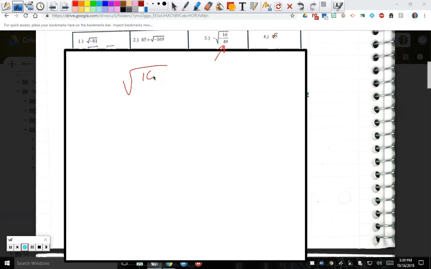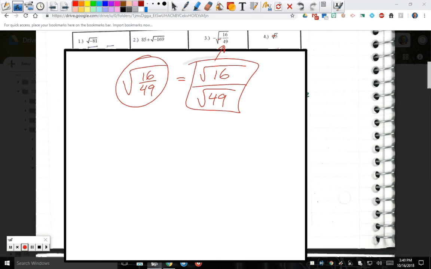The square root of negative 16 over 49 is the same as the square root of negative 16 over the square root of 49. Now, I know that there's a negative there. I know there is. But am I able to use this property here like I wasn't on the other one? The answer is yes, because this one only has the one negative inside.